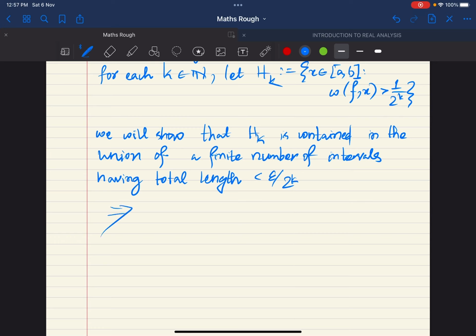So this will eventually show that h of k would be a null set, which we intend to prove.